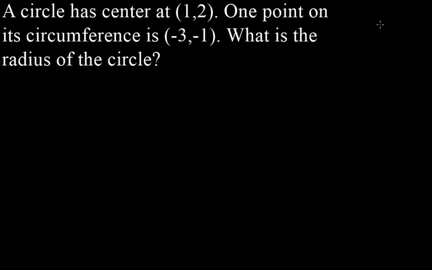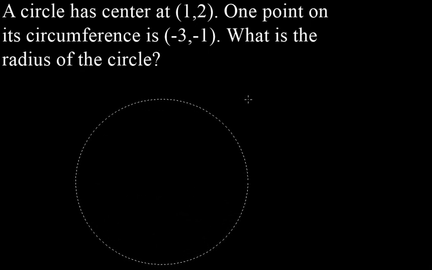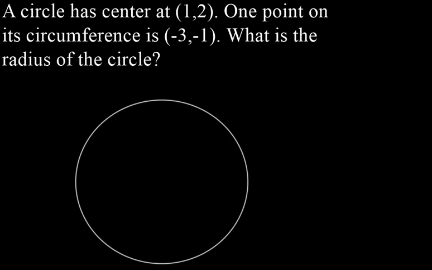So here's an illustration of what we have. We have this circle, and let's say our center is there. Let's do a bigger circle. Here's our circle with a center that's there.